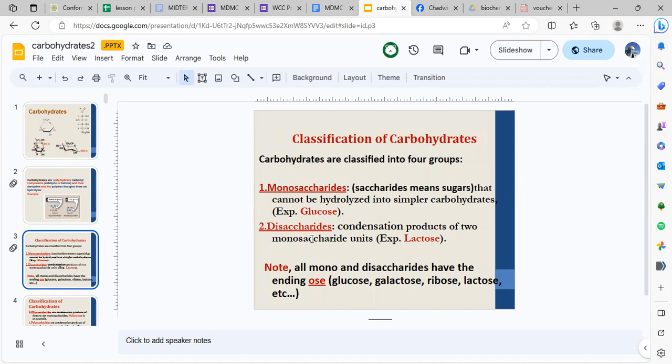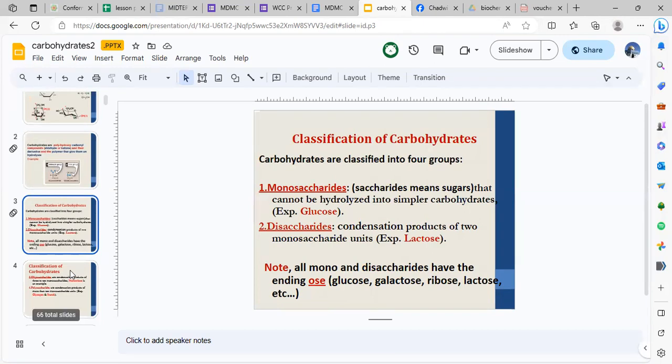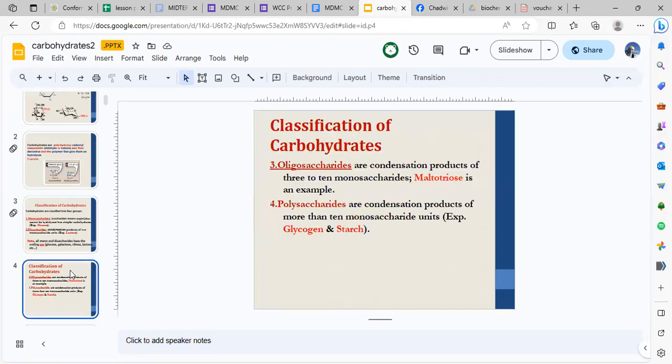If you combine two monosaccharides, then that will be a disaccharide. So if you have a monosaccharide or disaccharide, they usually end with -ose. Higher than that, you have oligosaccharides, so 3 to 10 monosaccharides.